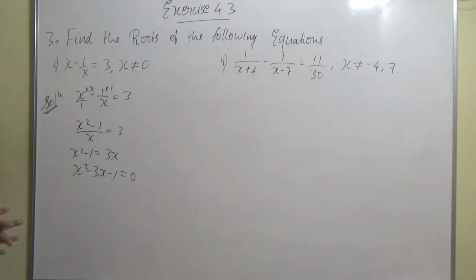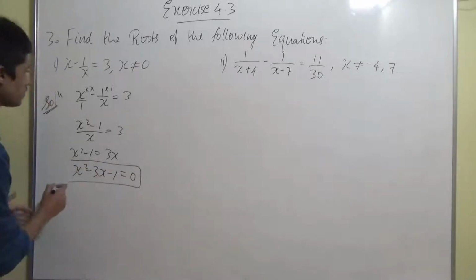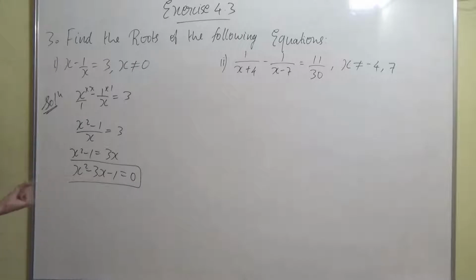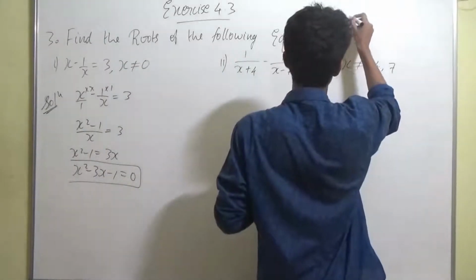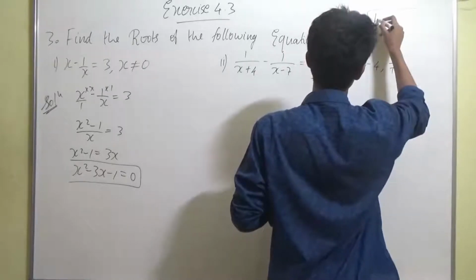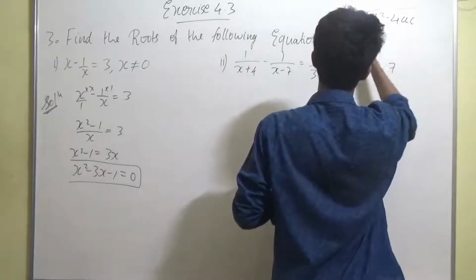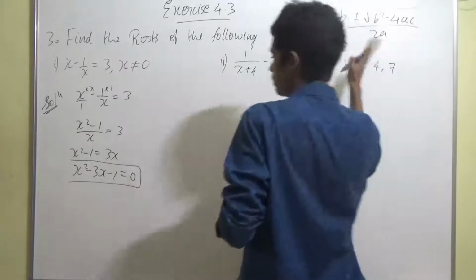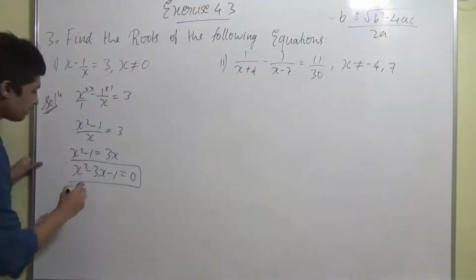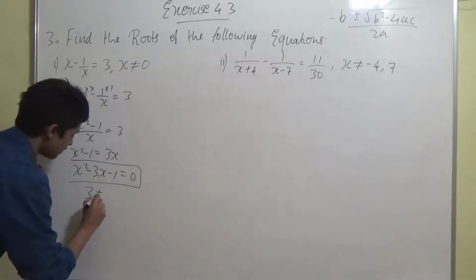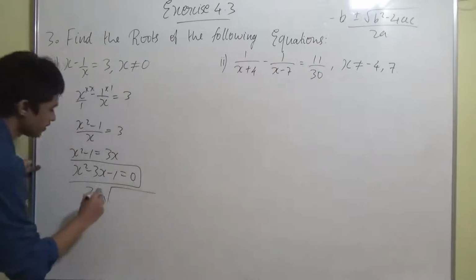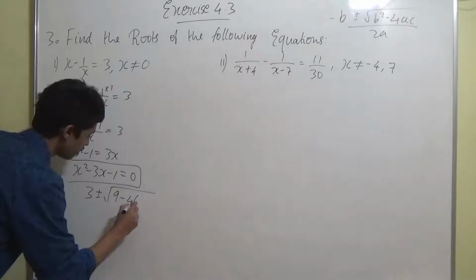Now this is the standard form quadratic equation which we have got. Now we can use the quadratic formula to find the solution. Quadratic formula is minus b plus or minus root of b square minus 4ac by 2a. By now you should have memorized it. We'll apply that formula here. Minus of minus 3 will become 3, plus or minus root of b square, that is 9, minus 4 into a into c.